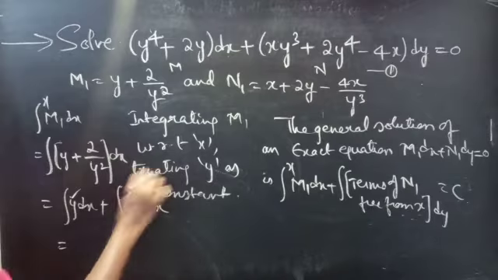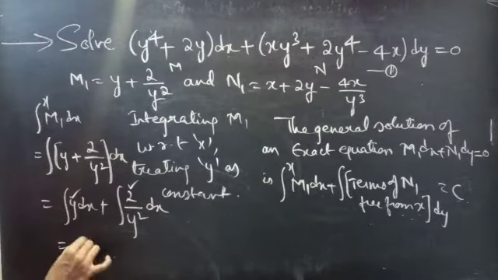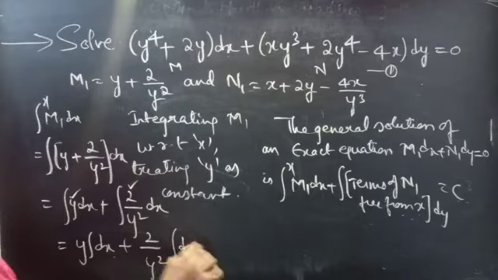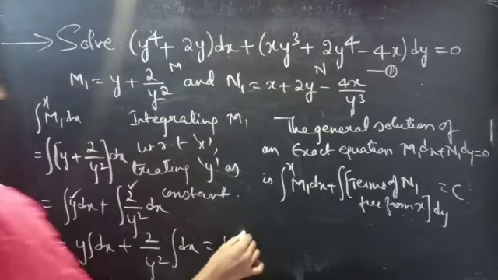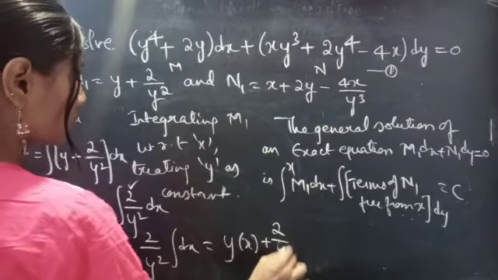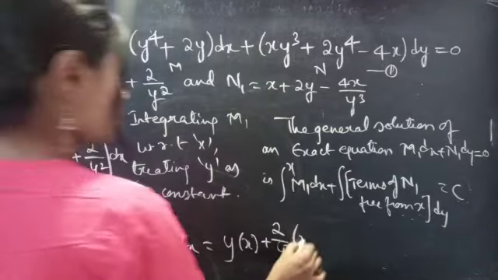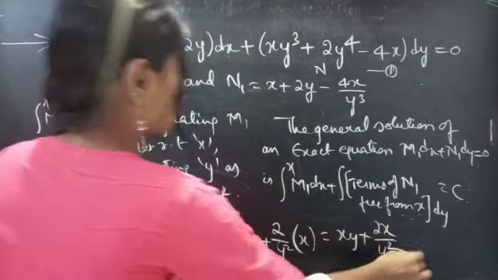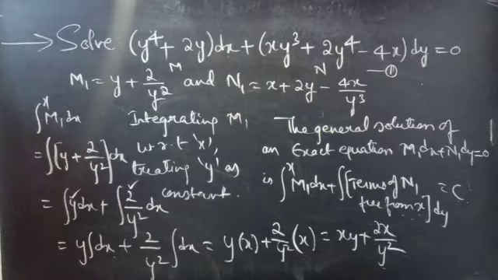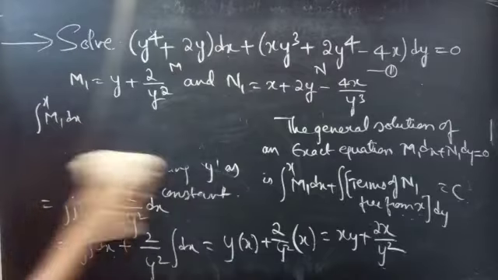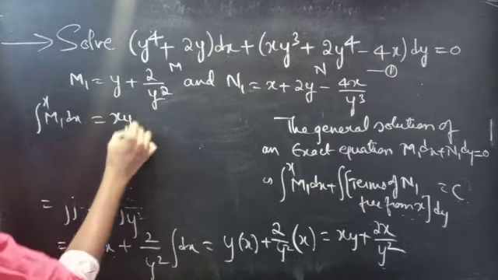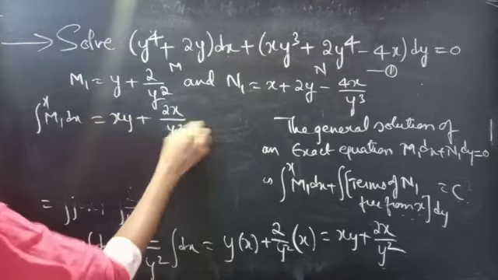Here y and 2y/y² are constants, so you can write it as constant times the integral of dx plus constant times the integral of dx. This equals y times x plus 2y/y² times x, which equals xy plus 2xy/y². Therefore, the integral over x of M1 dx is xy + 2xy/y².